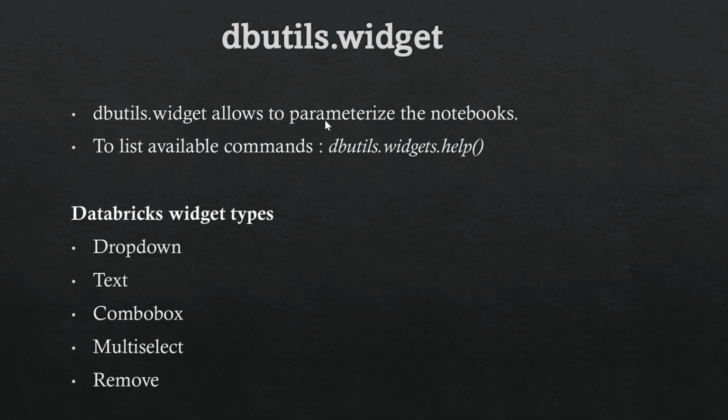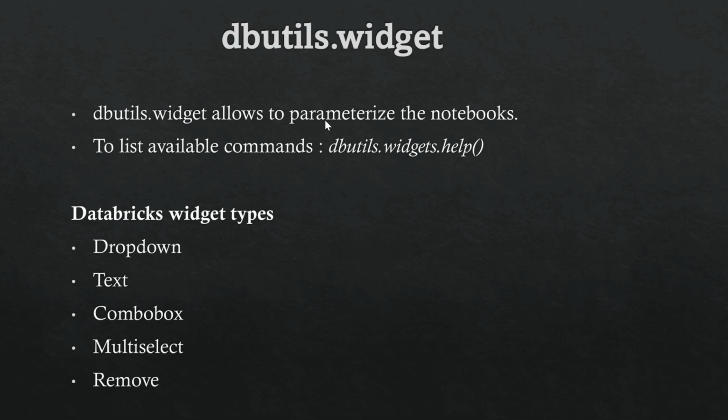I'll show you exactly how you can create the widgets, how you can get the value from the widgets, and use them. If you want to list all the available commands that the widgets provide, you can use dbutils.widgets.help.